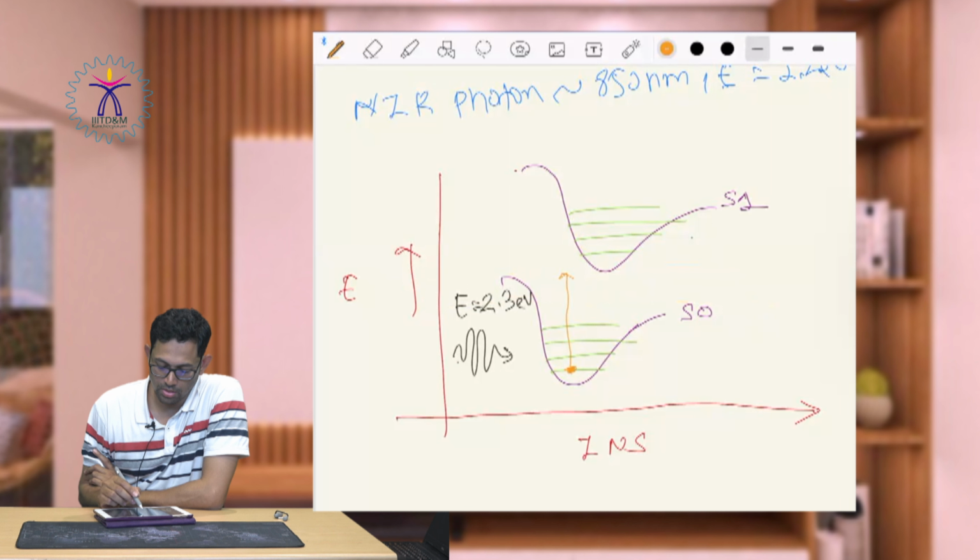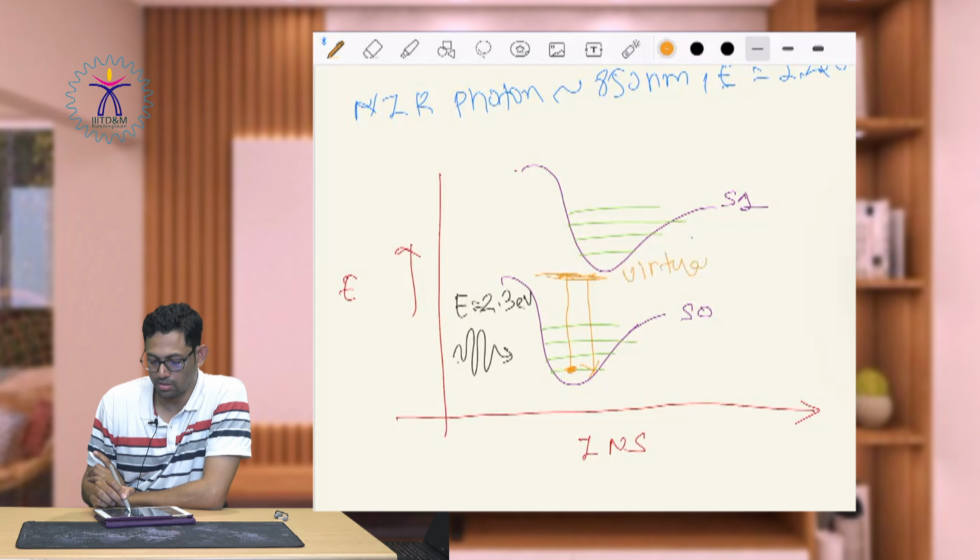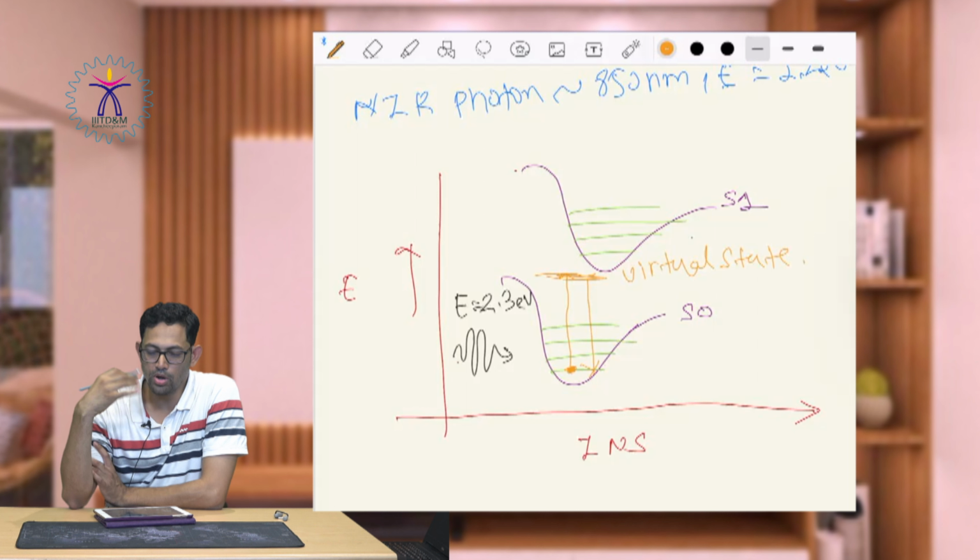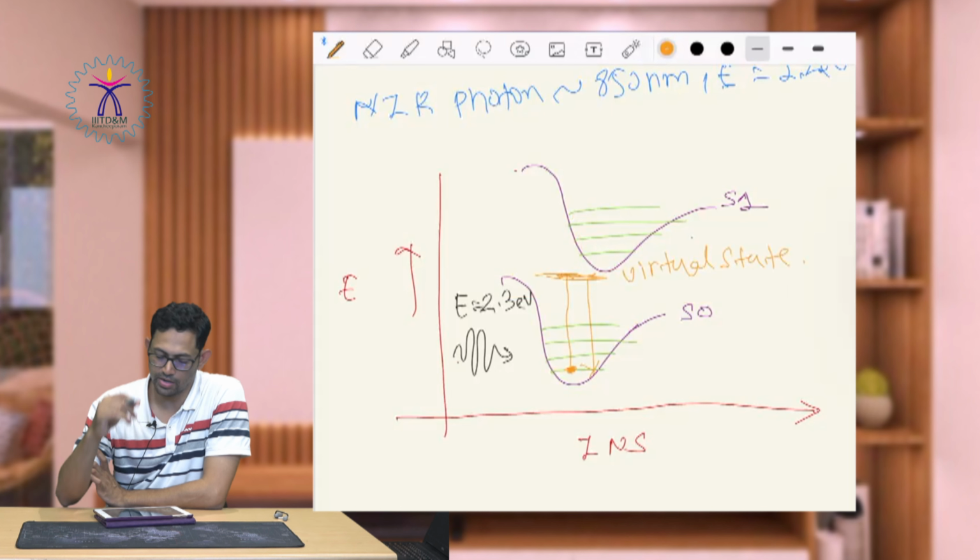So this state, where it survives for some time and then comes back to its original ground state, is known as a virtual state. Why is it known as a virtual state? Because it's not observable. It will go to this particular state of energy, and then it will jump back to its original wavelength after some time, right.